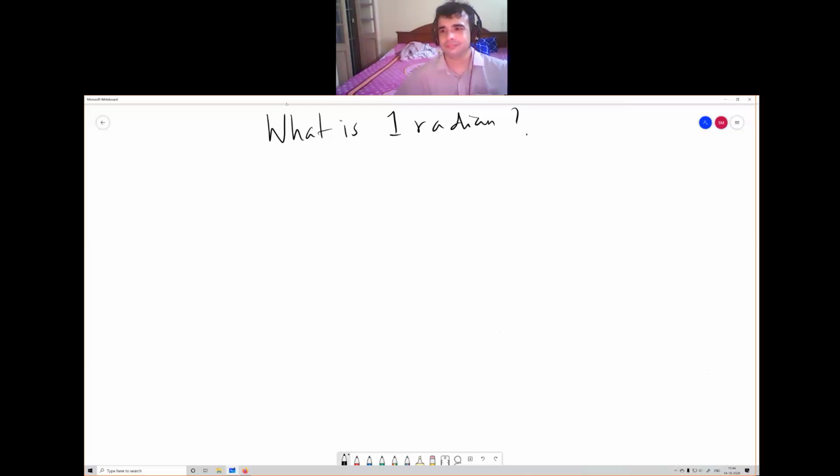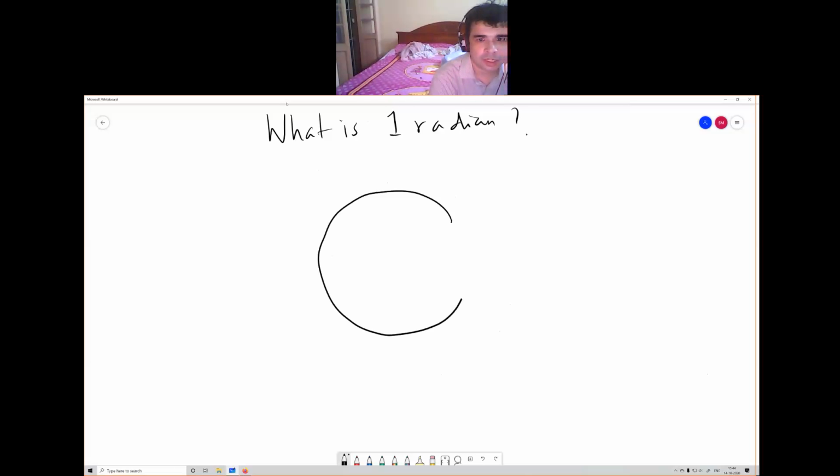Suppose I am drawing a circle. Okay, so a bad circle. This radius is 1 unit. So what will be 1 radian in this circle?